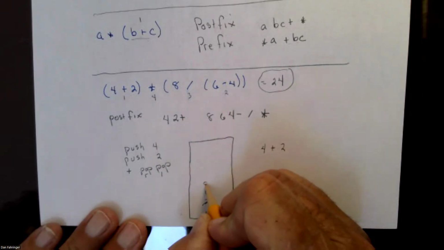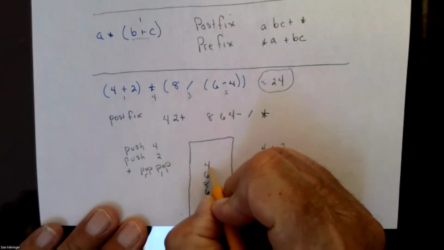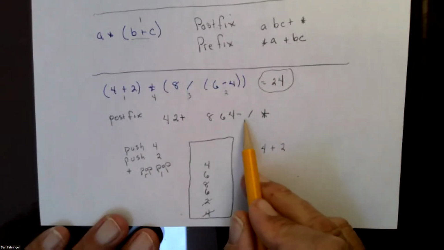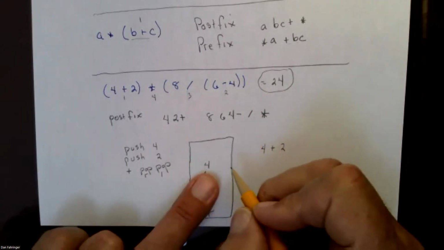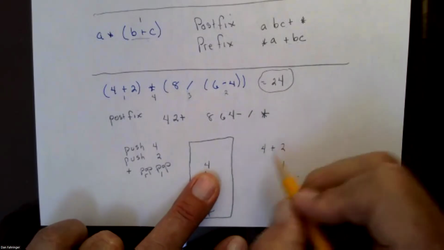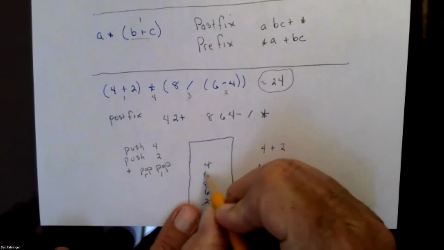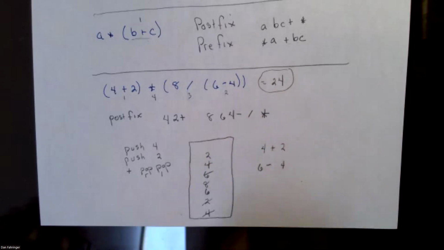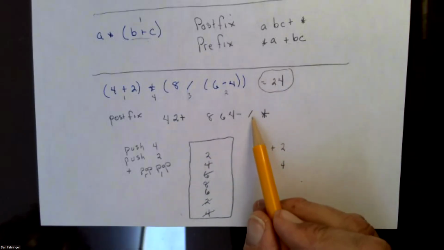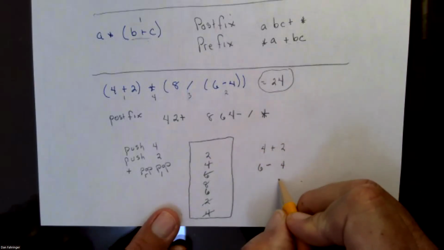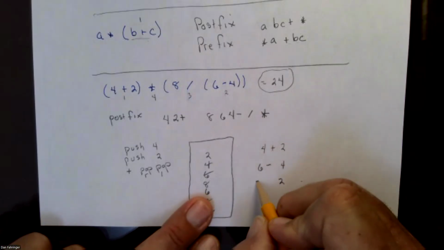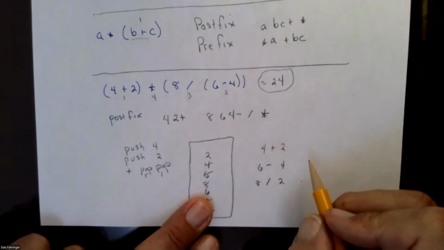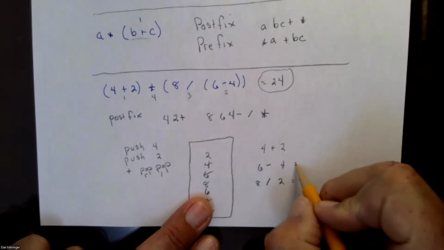Push 8. Push 6. Push 4. Pop 4. Pop 6. And subtract. The answer I get is 2. The next one I see is divide. Pop 2 to the right, pop 8 to the left, and divide. I get 4.